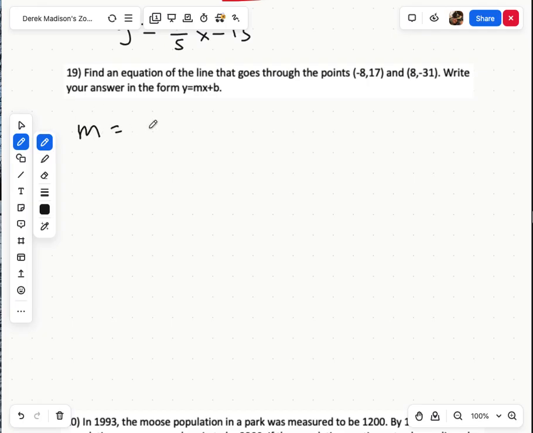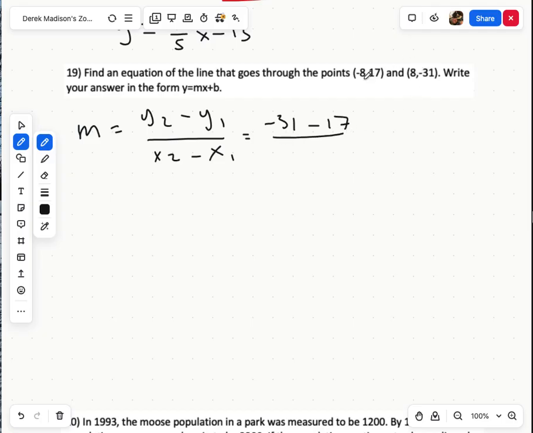And so remember that is from the previous section, y2 minus y1, and then x2 minus x1. So up here we'd have negative 31 minus 17. Remember, I could let either of these points equal x1, y1, x2, y2. Just be consistent. If this is x1, that has to be y1.